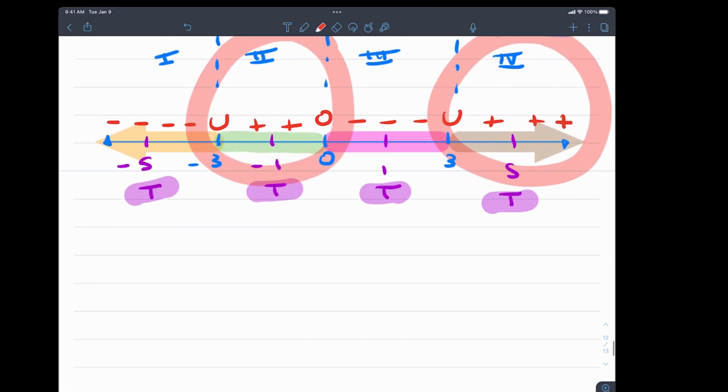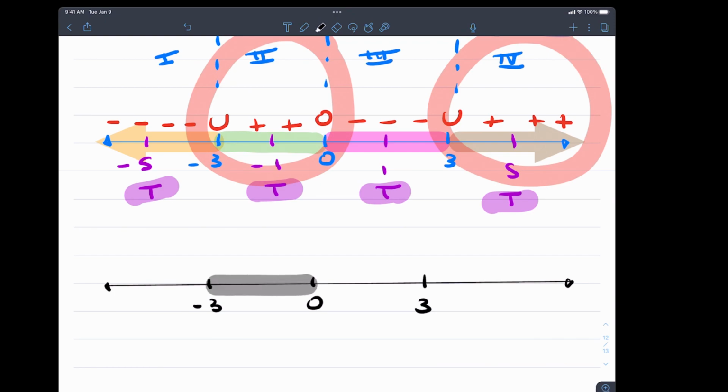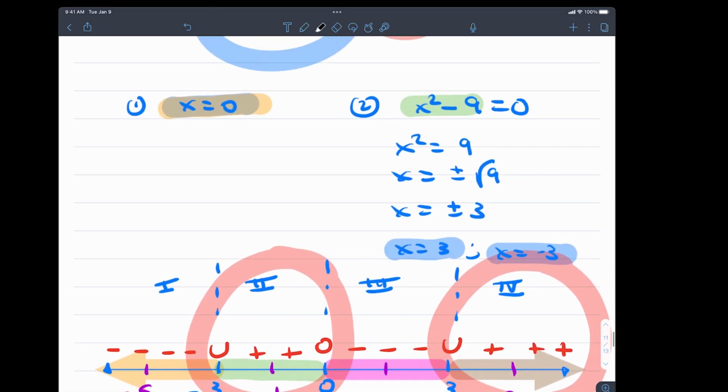Okay, final answer. We got -3 up to 0 up to +3. So we have to shade, because we're looking for where it's strictly positive, here, region 2, region what? 4.